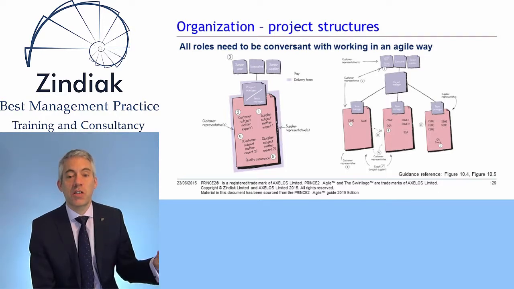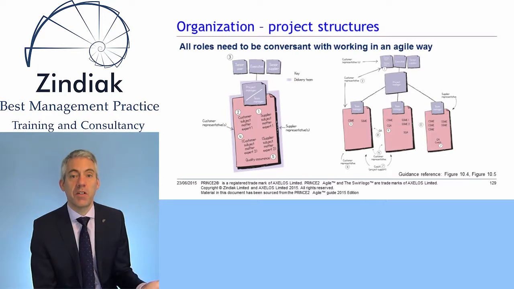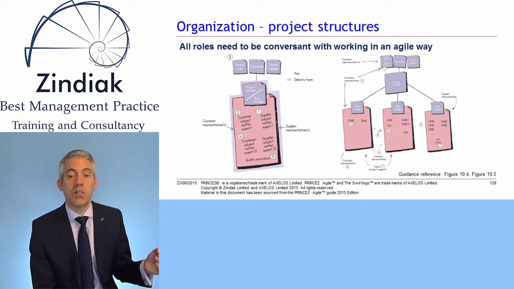What's more of interest, I think, from my point of view, is where it's labelled number 2, customer representatives. So we have customer representatives on the project board with the senior supplier. We have customer representatives in the delivery teams. And also, as you can see there, number 6, outside the delivery team. So within the delivery team, we might have a customer subject matter expert who's product owner.